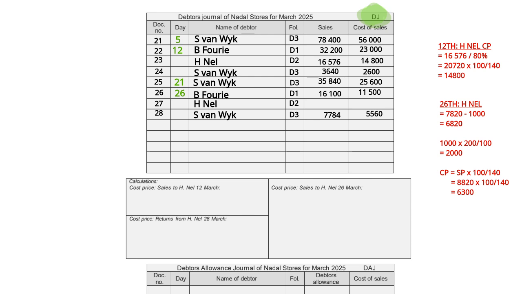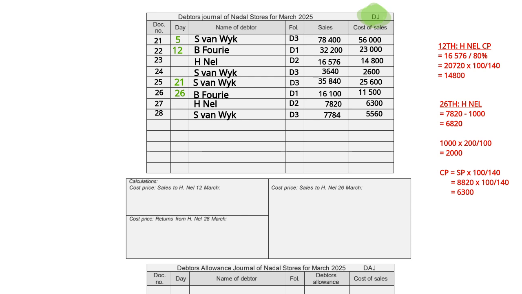Now that we've got the full selling price, we times that by 100, divide that by 140, and then we get our cost of sales as 6,300 Rand. But remember, in our sales column, we always record the amount after all the discounts or allowances or anything granted, and that is 7820.